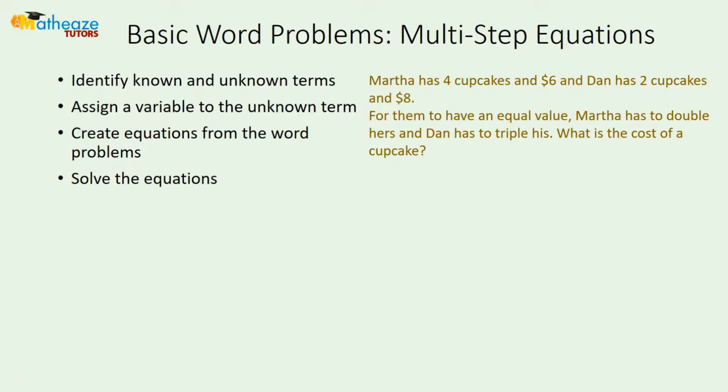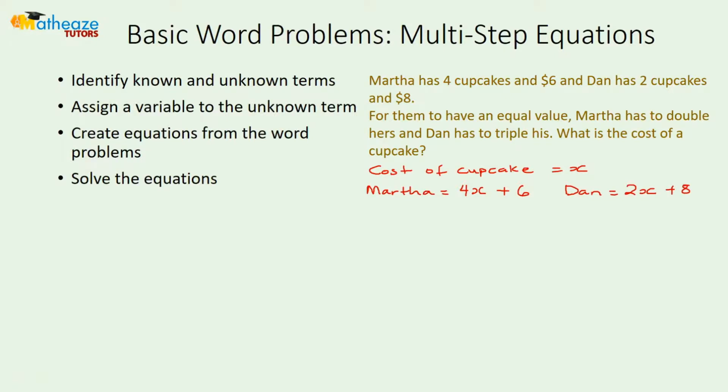What is the cost of a cupcake? Let's call that x. This is what Martha has. Martha has 4 cupcakes, so that's 4 times x, and she has $6. What about Dan? Dan has 2 cupcakes and $8.